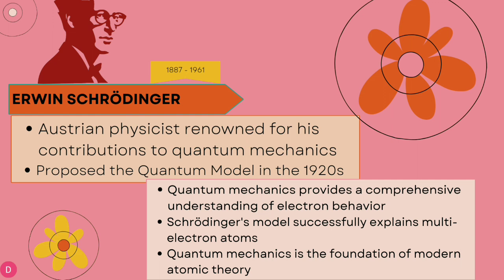Main points of this theory are: number one, quantum mechanics provides a comprehensive understanding of electron behavior. Number two, Schrödinger's model successfully explains multi-electron atoms. Number three, quantum mechanics is the foundation of modern atomic theory.